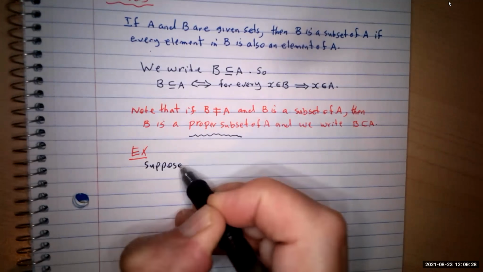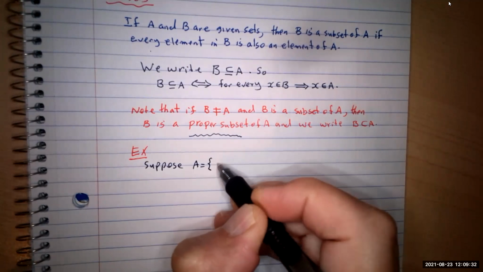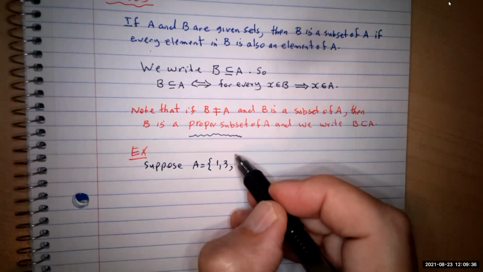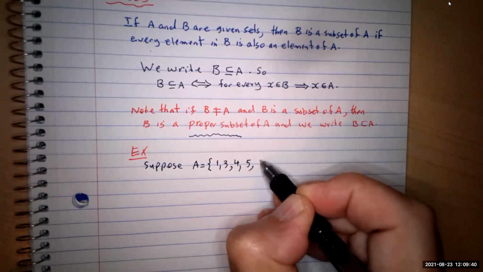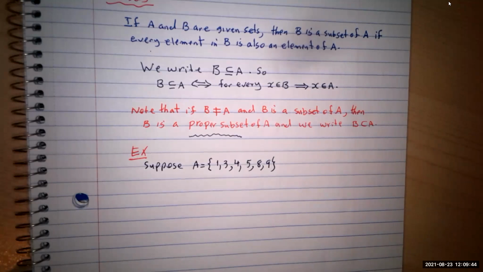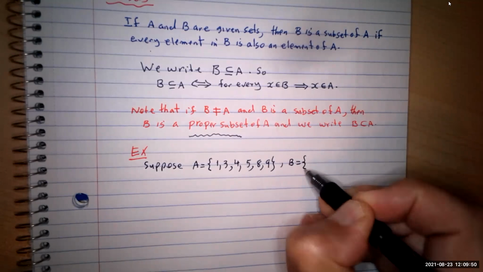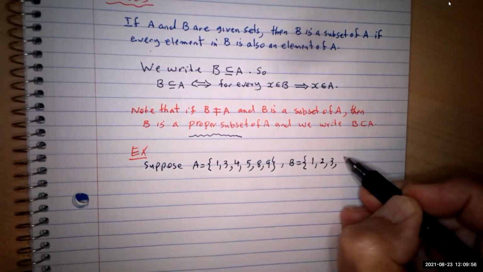So suppose the set A is given to you, and this is going to be 1, 3, 4, 5, 8, and 9. That's one set. And we have B equal to 1, 2, 3, 5, and 7.